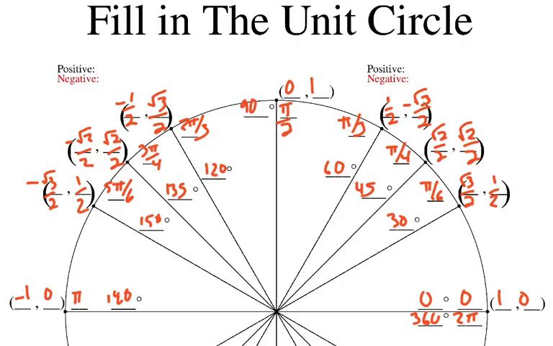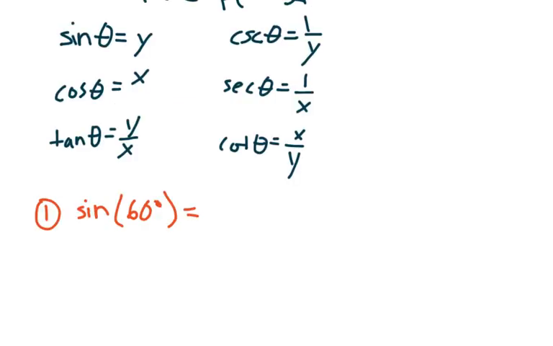So when I go to my unit circle, I look at 60 degrees. For some reason, I don't know if I said this earlier, if that was negative, this should be positive. Everything should be positive here. So I look at 60 degrees, I look at the y-coordinate, and that is my answer. So the sine of 60 degrees is square root of 3 over 2.